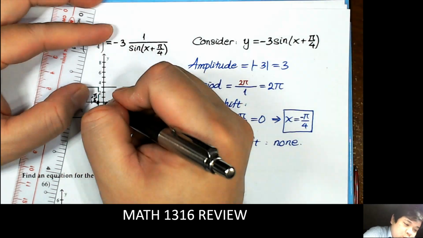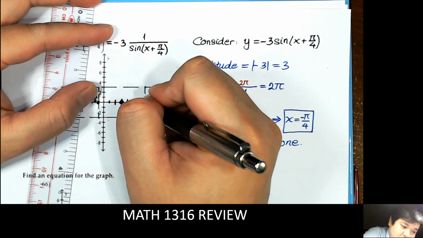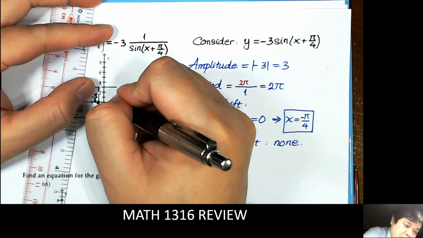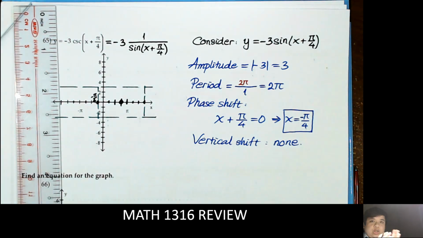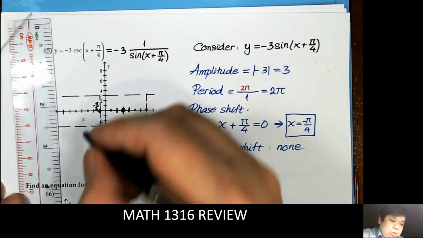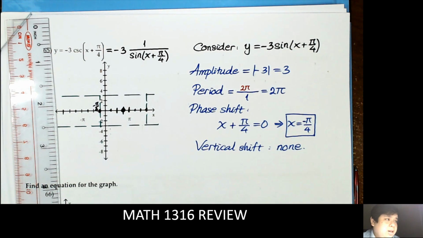The 2 pi here, we choose that to be 8 ticks, and we cut that in half, so that will be 1 period there.